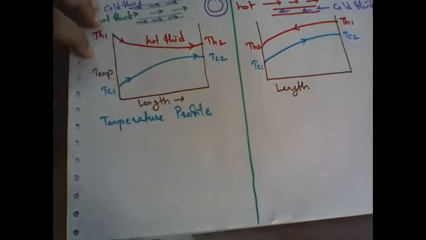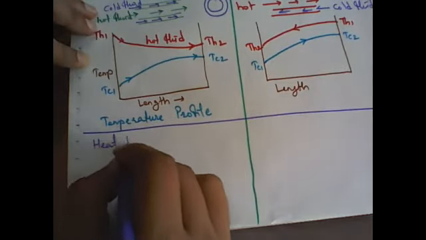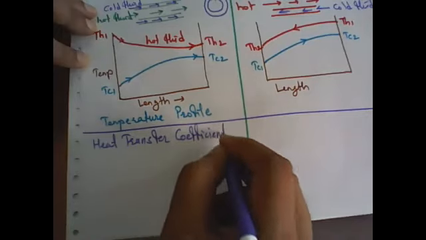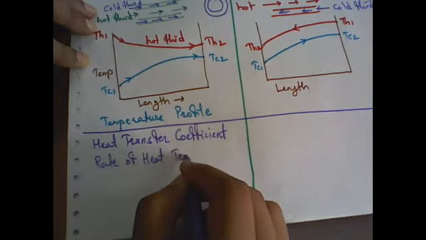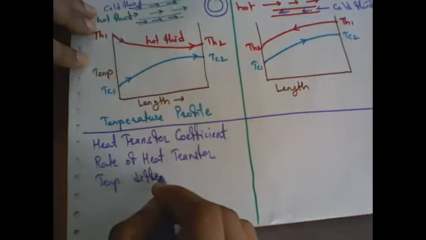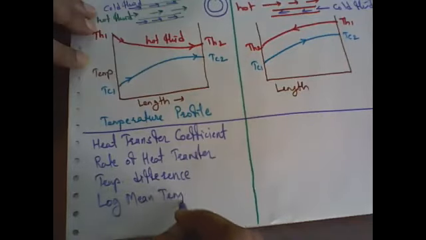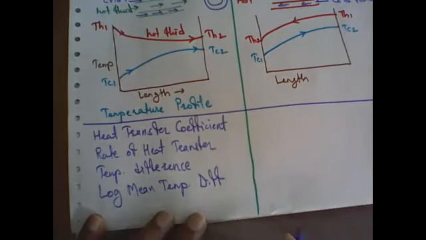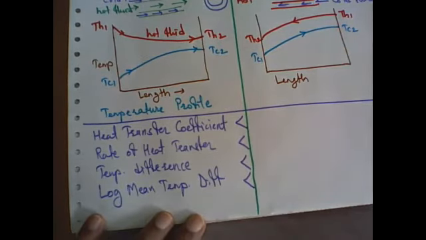So on the basis of this, again, we can mention that the performance parameters, that is heat transfer coefficient, rate of heat transfer, temperature difference, log mean temperature difference, all these parameters for the co-current case are lower as compared to the counter current case.